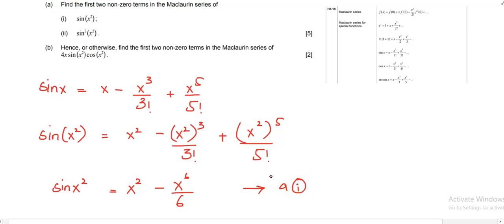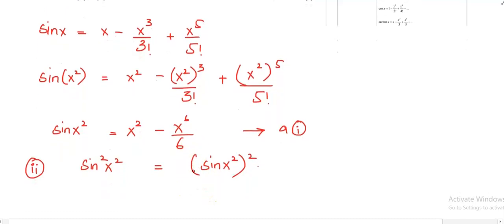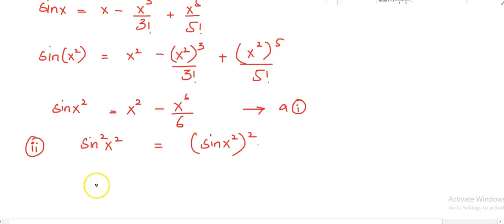So this is the solution for A1, right? Now let's go for A2 and see what we can do over there. For A2, he wants us to write the solution for sine squared of x squared. So I can write this as sine of x squared, whole squared. I have the expansion of sine of x squared, which is x squared minus x to the power of 6 divided by 6.